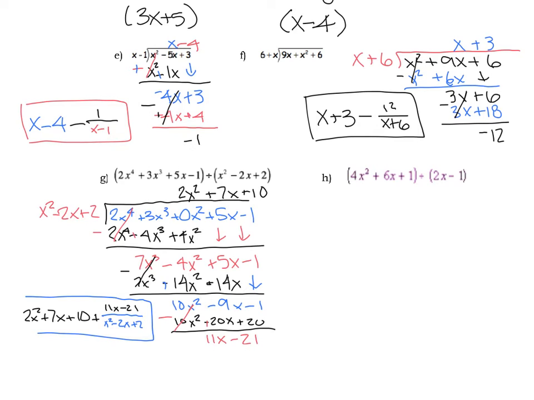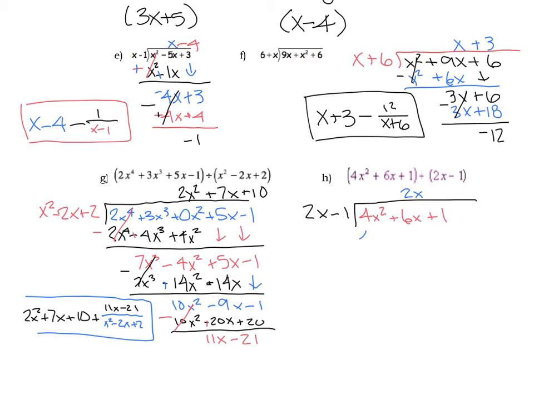All right, let's go to H. Again, not written in the proper form, so first thing I'm going to do is rewrite it. So we got 2x minus 1, and we're going to write 4x squared plus 6x plus 1. All right, so let's work this out. 2x goes into 4x squared 2x times.